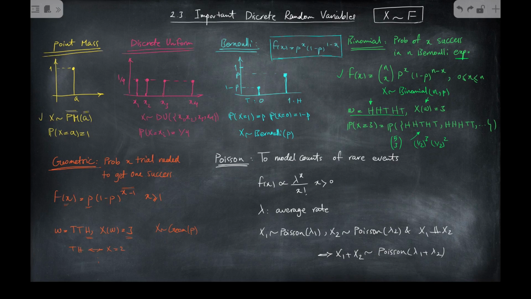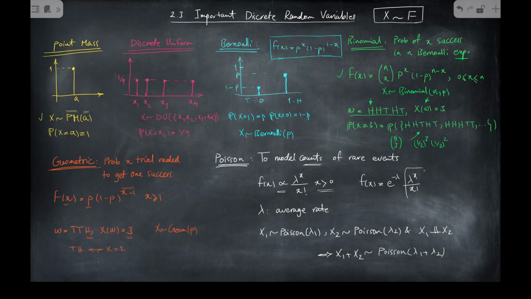So the final discrete random variable is the Poisson random variable. We use it to model counts of rare events. Because of that, you're looking at positive integers. And I'm writing this symbol, which means proportional to. So this is the form of the Poisson distribution. To be more specific, this is the exact value.